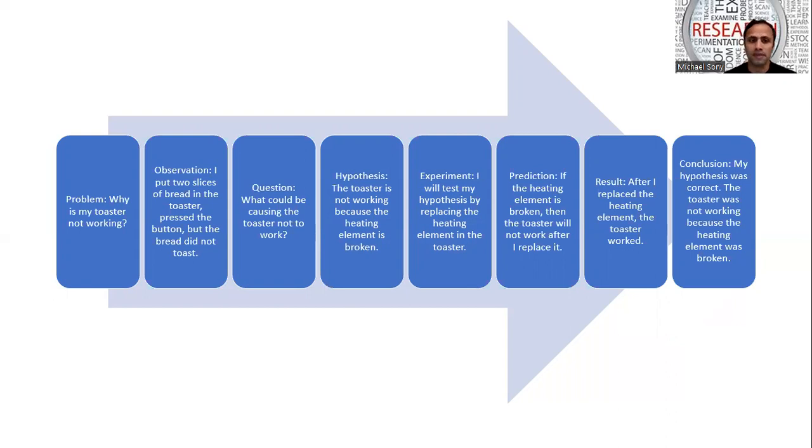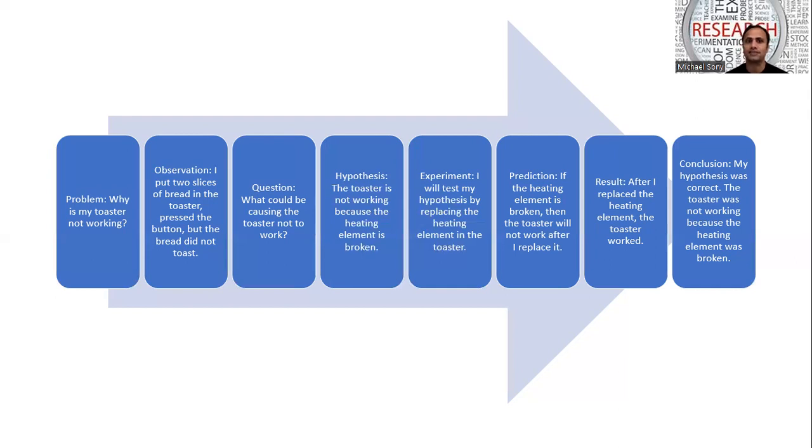Then what could be the question? The question would be, what could be the cause of the toaster not working? I frame a hypothesis based on previous experiences that the toaster is not working because the heating element is broken.